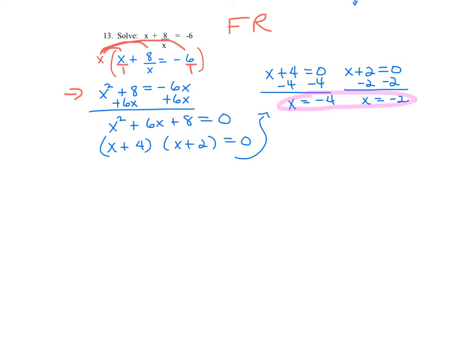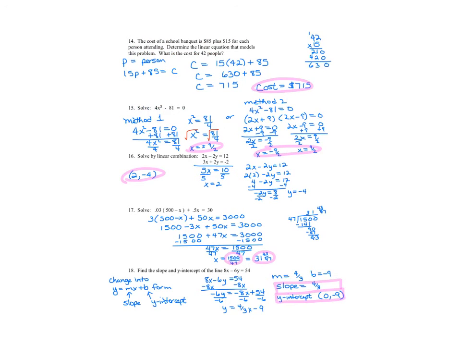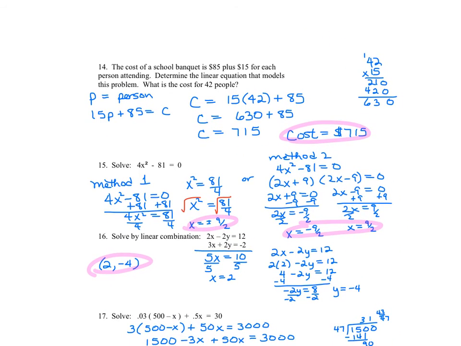Number 14. This one is going to be multiple choice. And again, it's going to be just like this, where it's going to ask you to write the equation and solve the problem for a specific number of people. So my equation is here. Now, on the test they're probably going to use x's and y's.